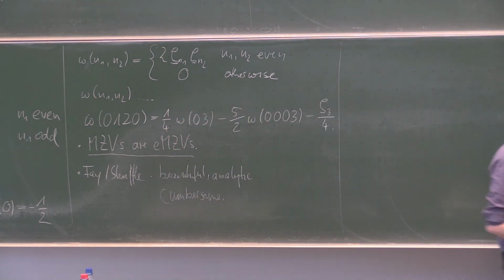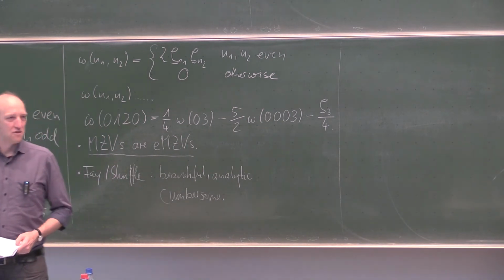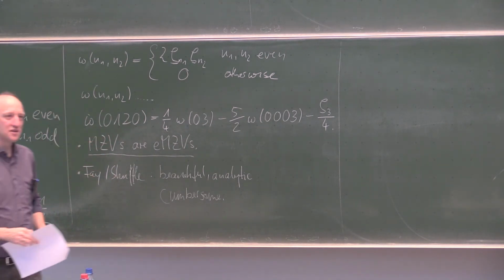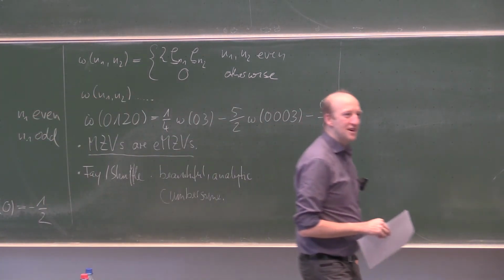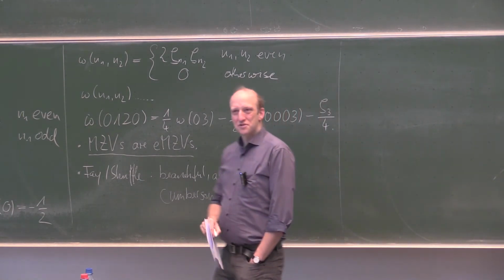That is, if you want to derive these identities, you write down the integrals, you apply the Fay identity, and from writing down the Fay identity yesterday, you can already see that this is not fun. In particular, if you're going to a higher depth, so 3 integrations, then you easily fill pages of pages. Of course, there is a computer implementation which does that analytically, but there's a shortcut.